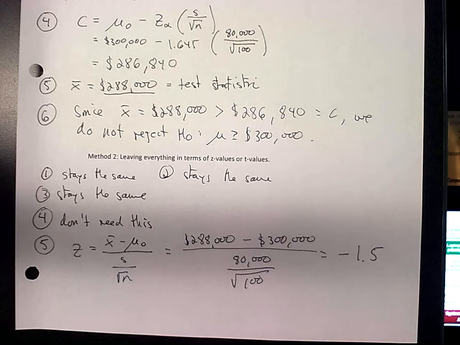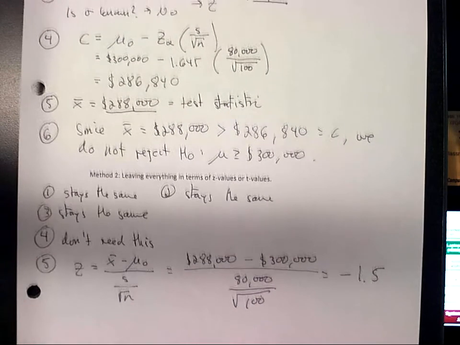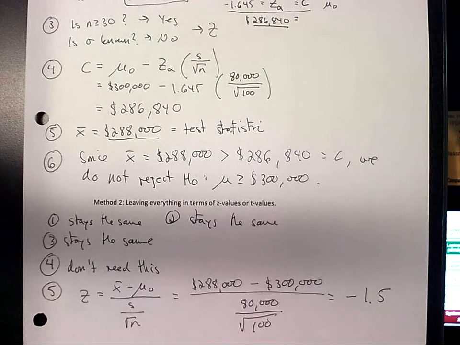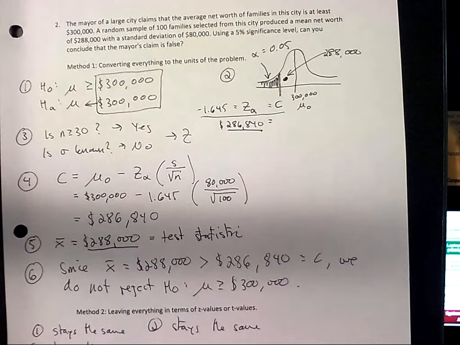All right, so we have that our z value is negative 1.5. And what I keep referring to this as, especially today, is our dart. Well, we just threw our dart, and our dart landed on negative 1.5 on our dartboard, and our dartboard is our picture that we made in step number 2.